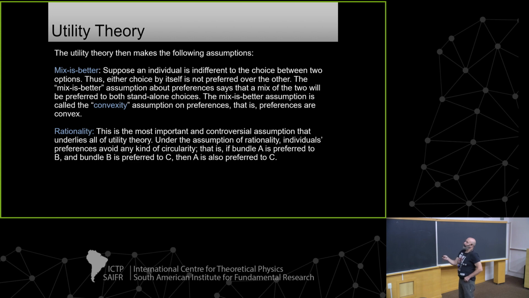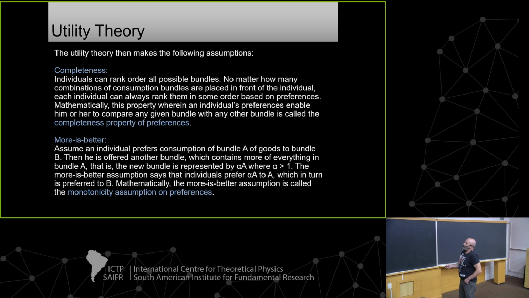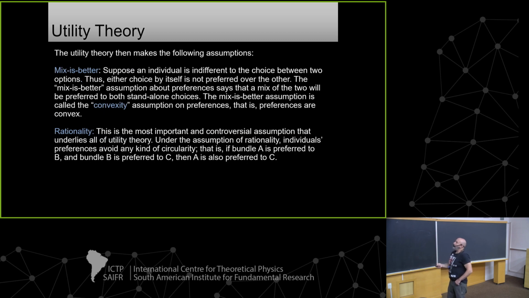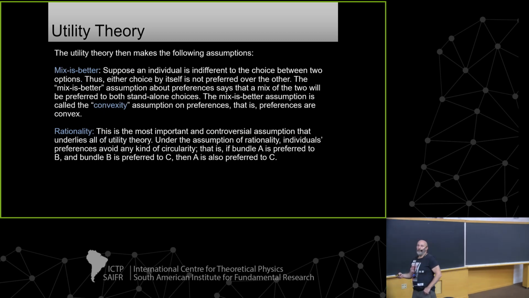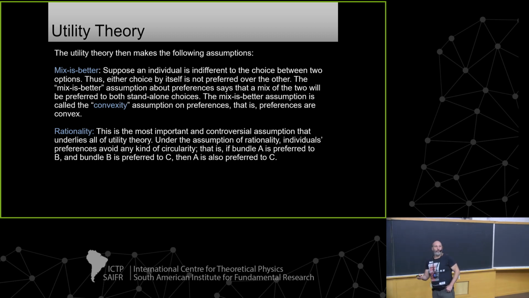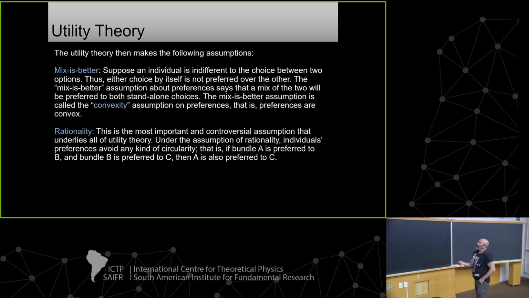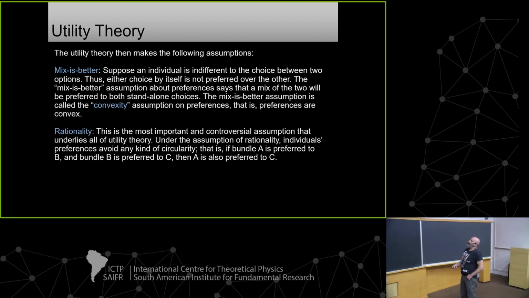And then there is rationality, something that we have already discussed. So these four properties: completeness, so I can always make a choice; more is better, I will choose the option that will give me the highest payoff; mix is better, if there are two options that will give me the same payoff, I will choose a combination of them instead of only one of them; and rationality, the most important and also controversial.